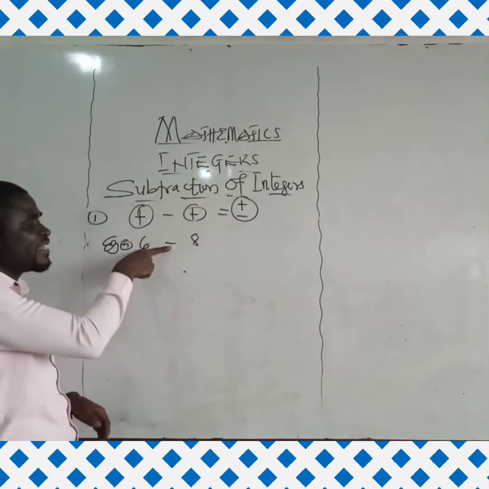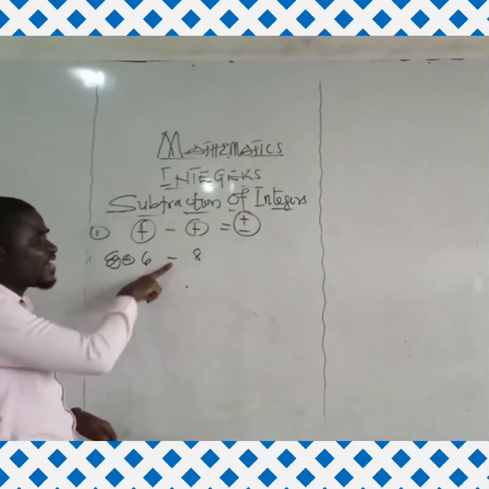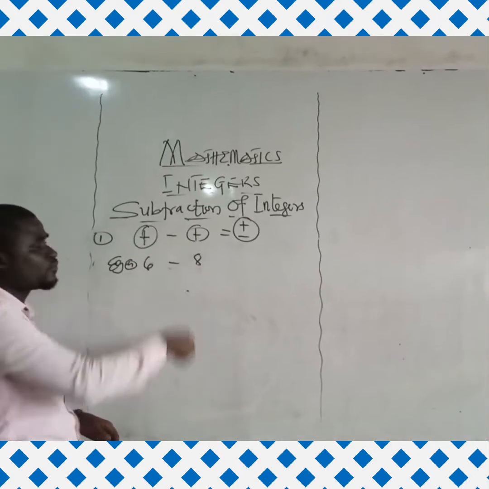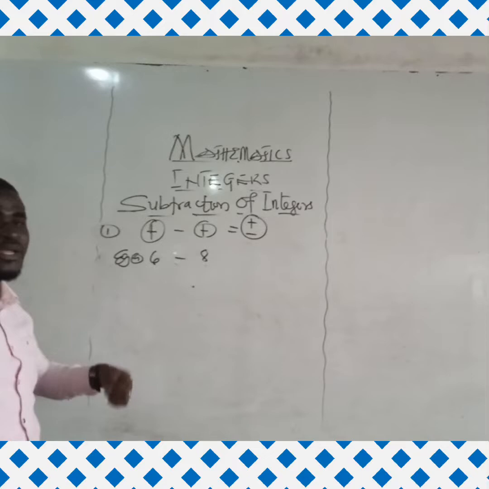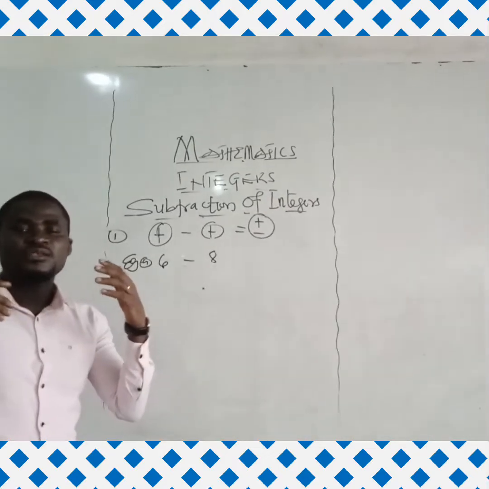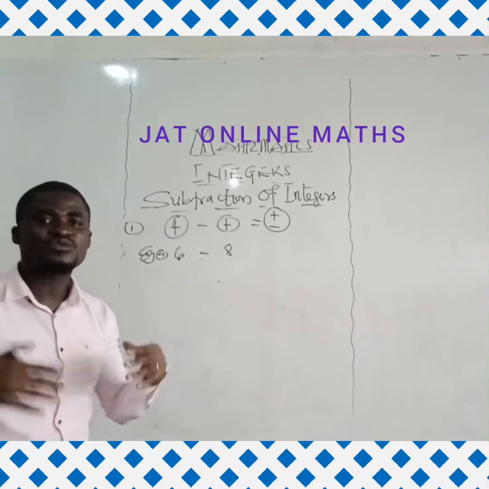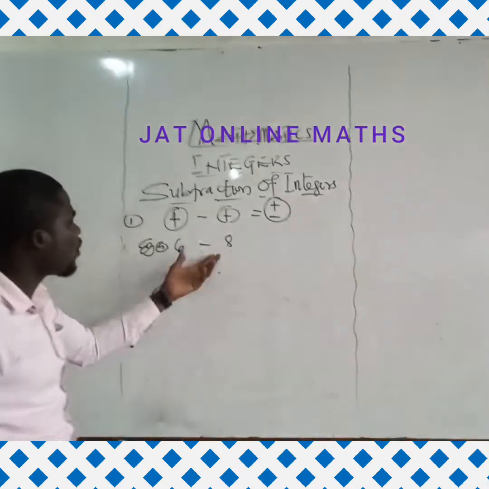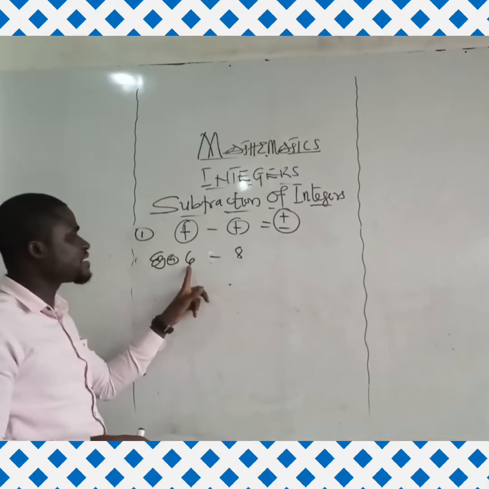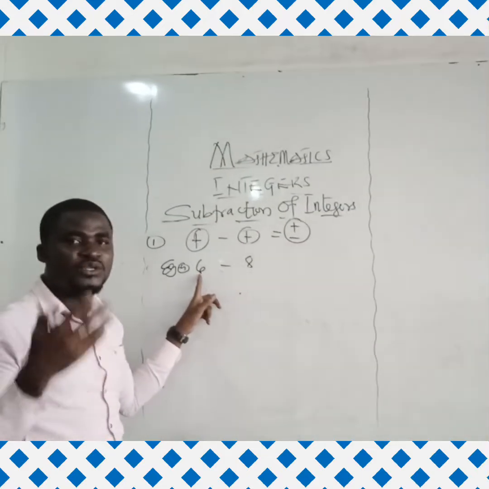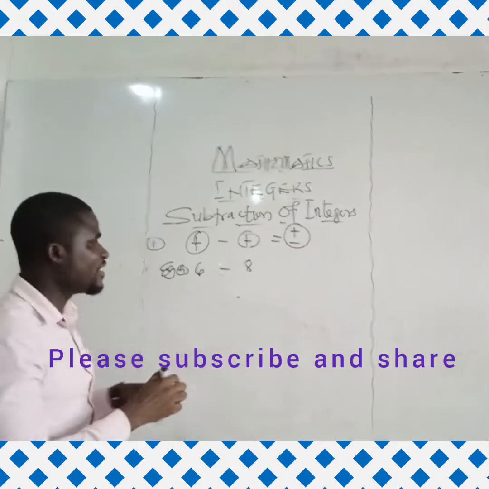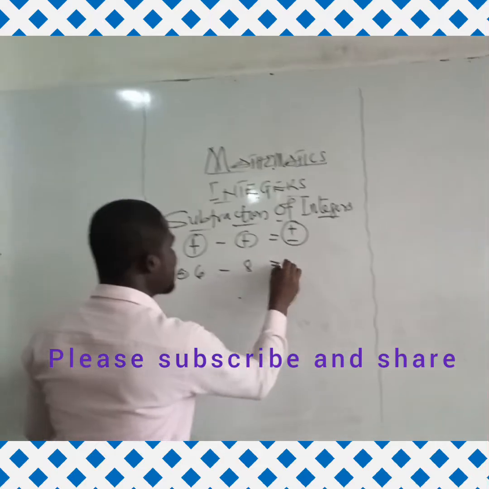That's why you have negative here, which is affecting the 8. In our previous lesson, we learned that subtraction means negative, addition means you are going to pay. If you are owing me 8 and you've paid 6, how much are you owing? You are owing me 2, negative 2. So my answer will be negative 2.